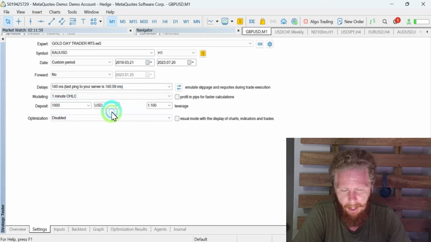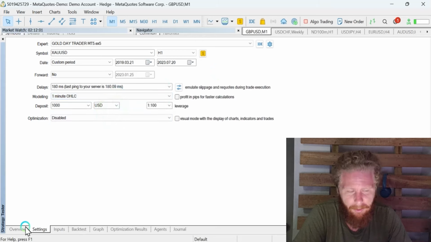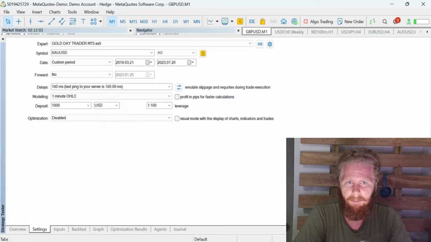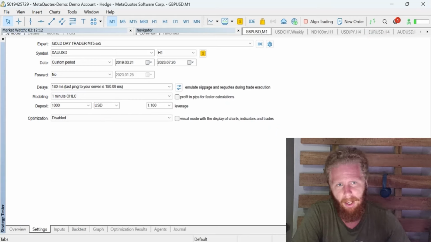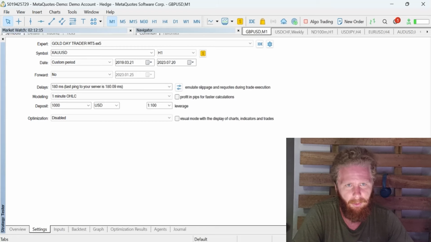Now, I am not expecting anything good. I'm just running the test to see what we are working with. And from this point, as a developer, I'm going to add different layers to the strategy, different indicators, price action patterns, dynamic exits, maybe trailing stop or break even to make it a great day trader. Okay?